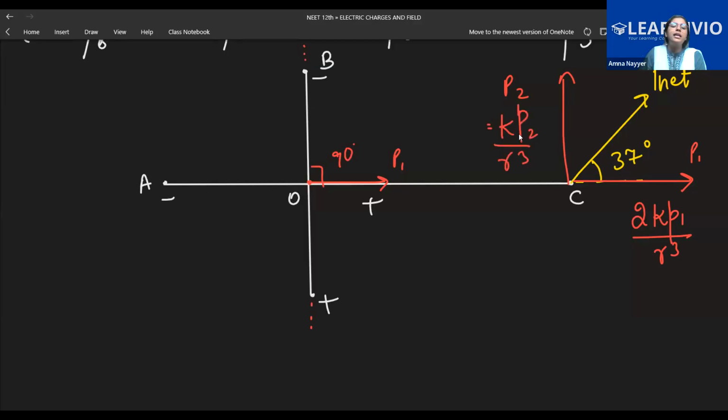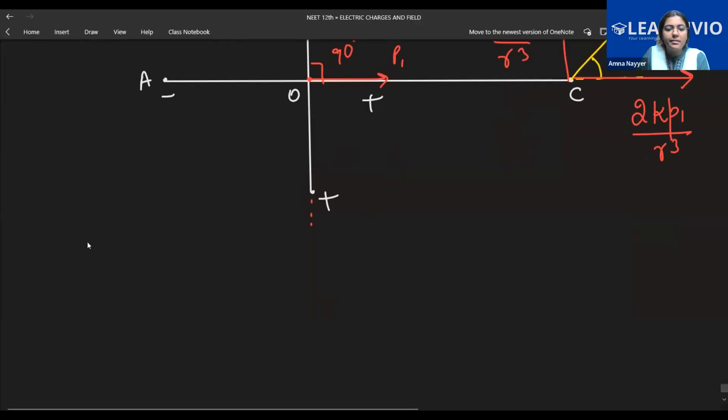Now you need to take the ratio. One thing, I've already told you that this resultant's angle is given by tan phi, which is given here as 37 degree. Remember in the theory part of the last class we discussed this.